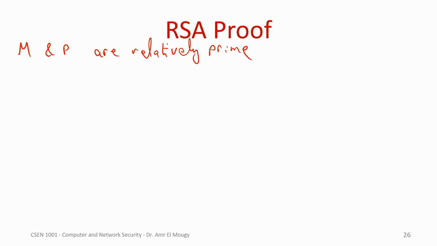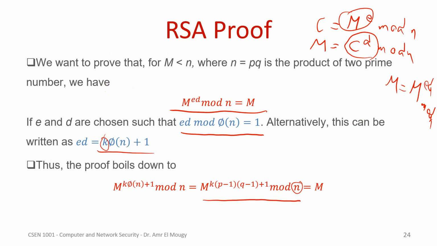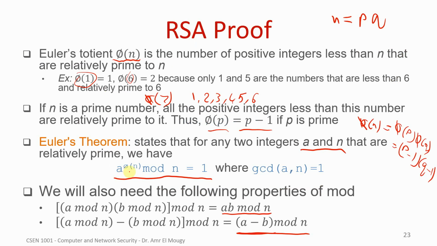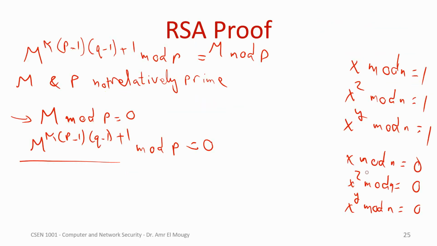If they are relatively prime, then m phi p mod p is equal to 1. This is from Euler's theorem. If you remember Euler's theorem, we said that a power phi n mod n is equal to 1 if a and n are relatively prime, or the greatest common divisor between them is equal to 1.